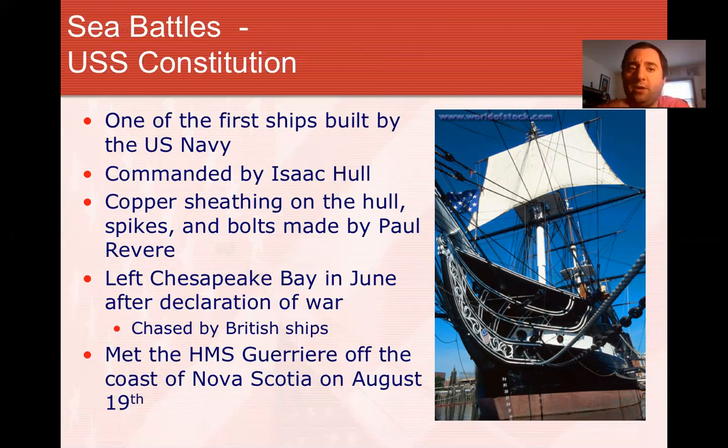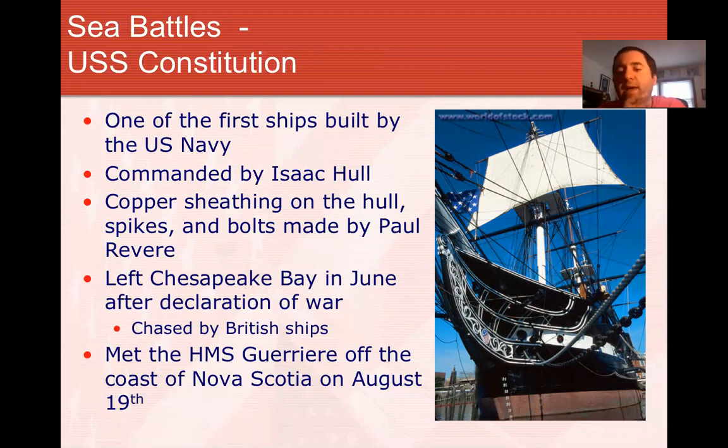You're going to want to write this down: USS Constitution. You could put USS Constitution on the left, or you could put it on the right. You have an image of it on the right here, too. The USS Constitution is one of the first ships built by the United States Navy during this time. It's commanded by the great Isaac Hull. The copper sheeting on the hull, spikes and bolts are made by Paul Revere. You may remember our great friend.